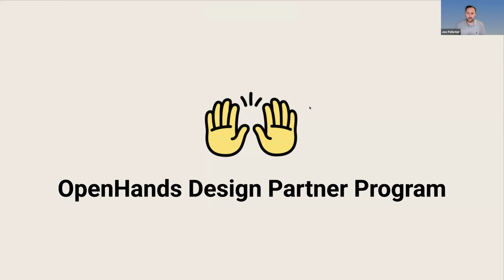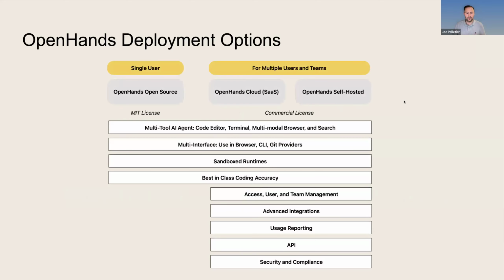One of the things, though, that we also wanted to share is our design partnership program, which is a way to work with OpenHands and our team here at All Hands on the future of AI coding. Today we've talked a lot about a few different things. We've talked about the open source project and fixes we were making today against the open source.